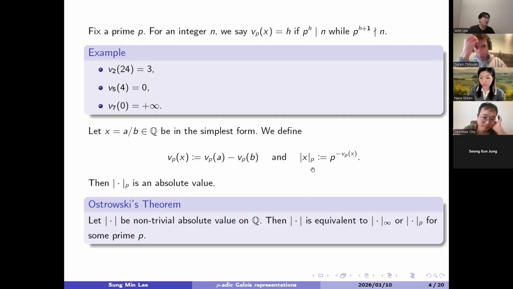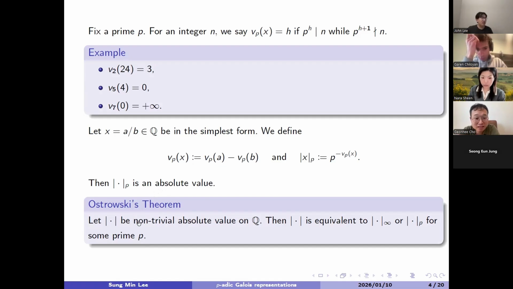And we define the p-adic absolute value of x to be p to the power of negative the p-adic valuation of x. One can actually confirm that this also satisfies all the axioms of an absolute value. And here's a very nice theorem that I wanted to emphasize, called Ostrowski's theorem.